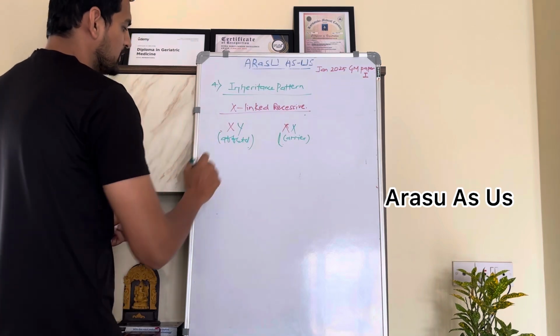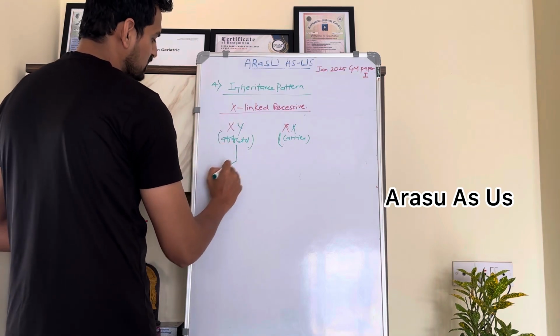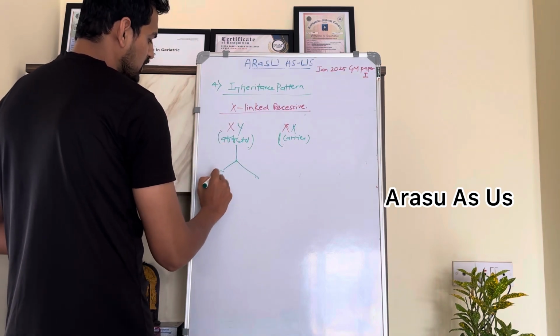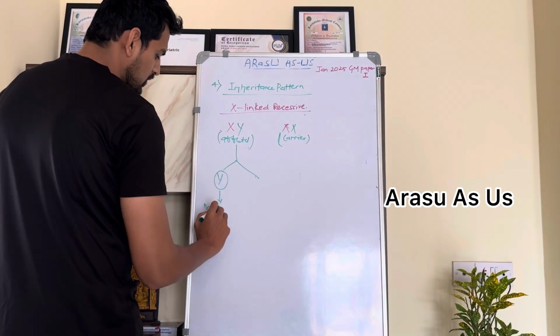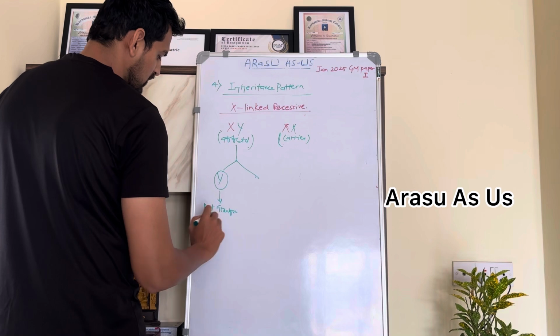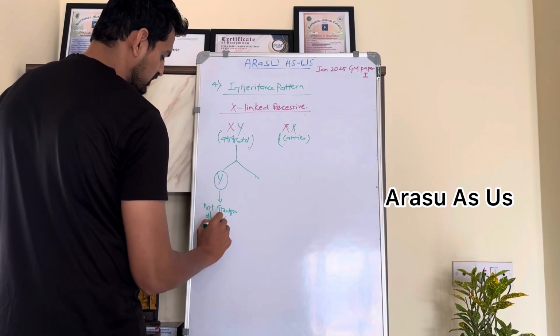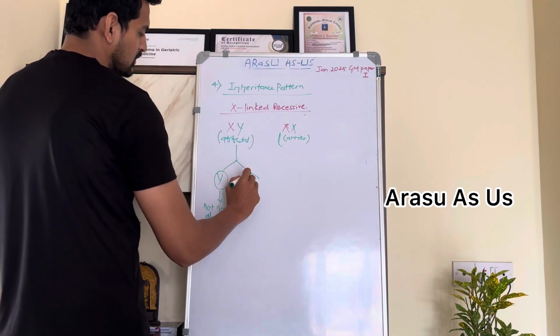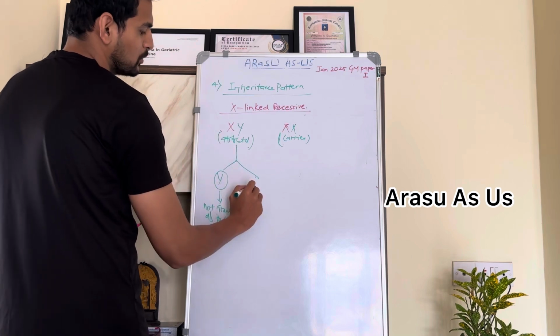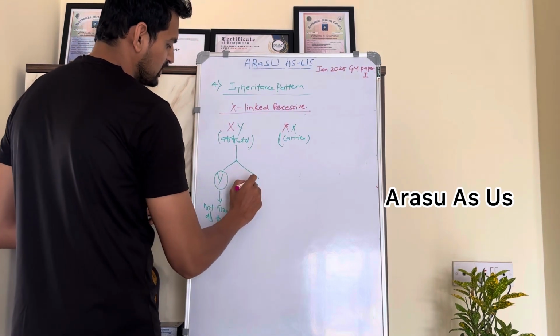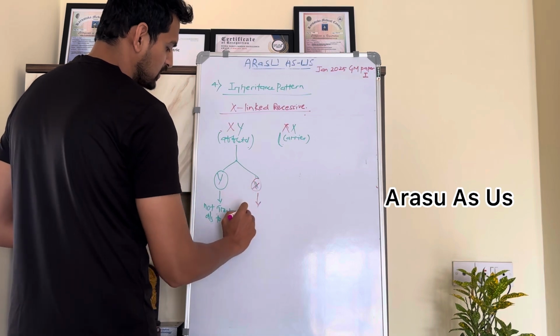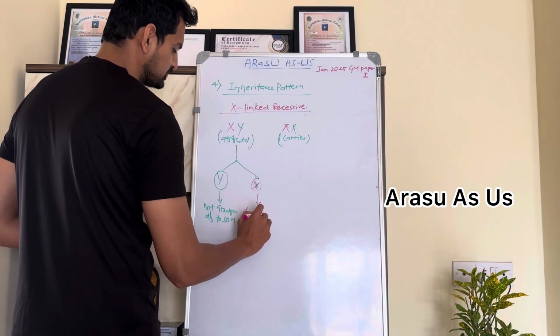And we know that males will pass the Y chromosome to the son. So if the father is affected, he will not transfer disease to sons. Whereas for daughters, the X chromosome will be transferred. That's why this X is affected here. That's why daughters will definitely get affected.